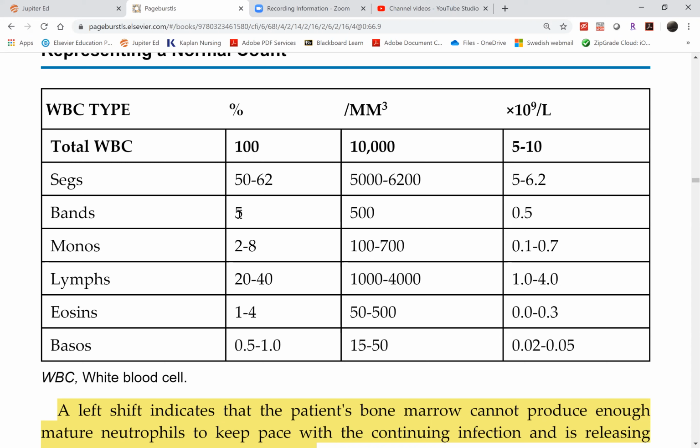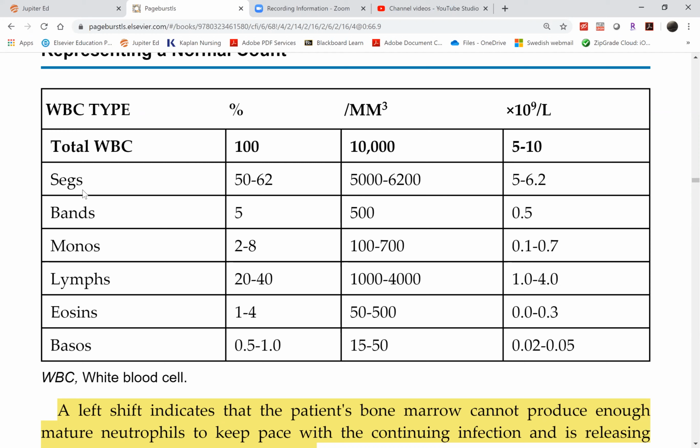Hence, you have a high count of band neutrophils as compared to segmented neutrophils, meaning, is your body winning or losing the battle? Losing. It's losing the battle because now it's sending children out into the battlefield. All right, so that's your indication that the patient is trying to fight an infection with children, right? With band neutrophils.